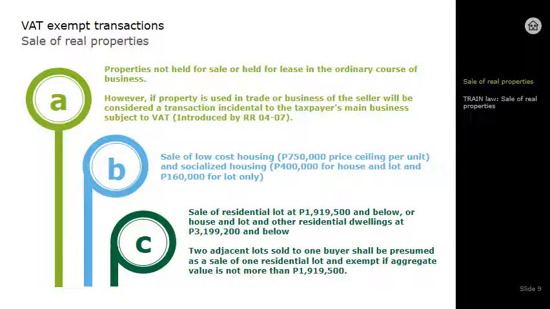Let's say, for example, your business is you manufacture and sell electronic products, like computers, nagmamanufacture ka niyan, cellular phones, nagmamanufacture ka niyan. Yun yung business mo. That's your ordinary course of trade or business. Manufacture and sell electronic products.